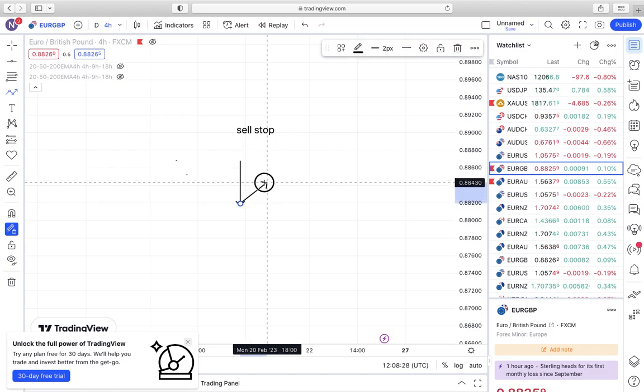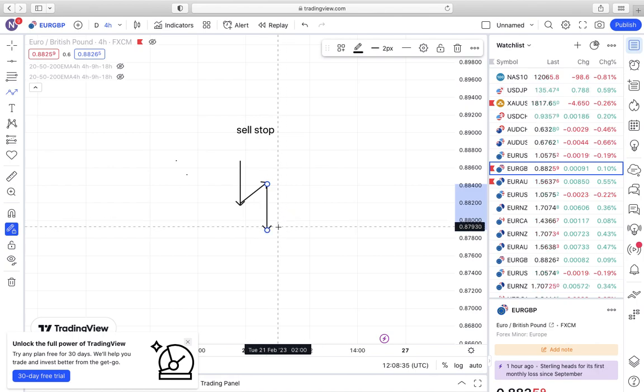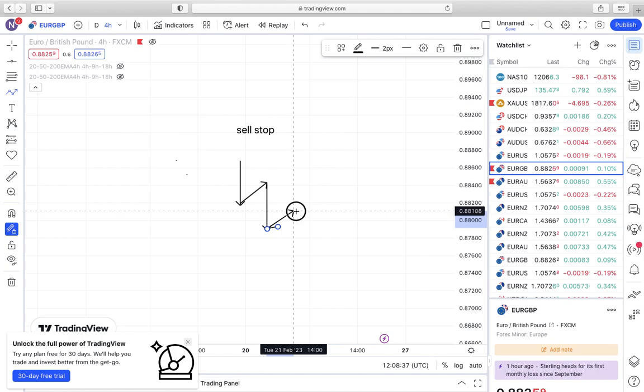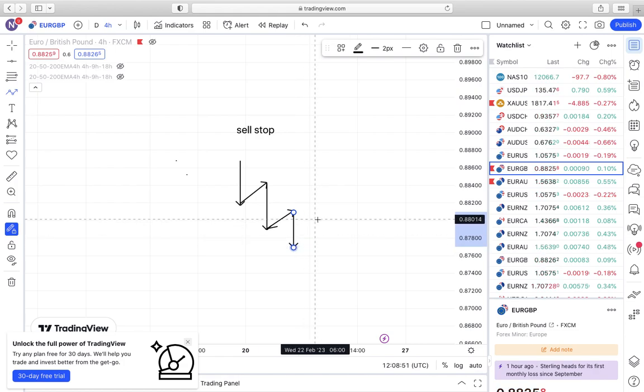The price was moving downwards, and your price is somewhere here.